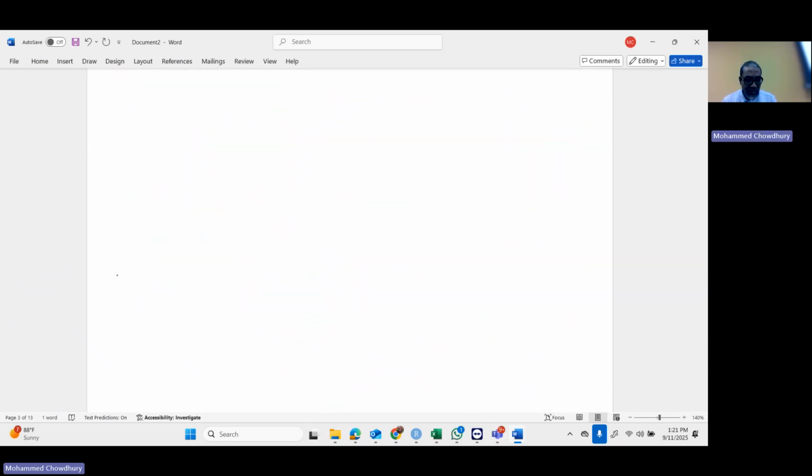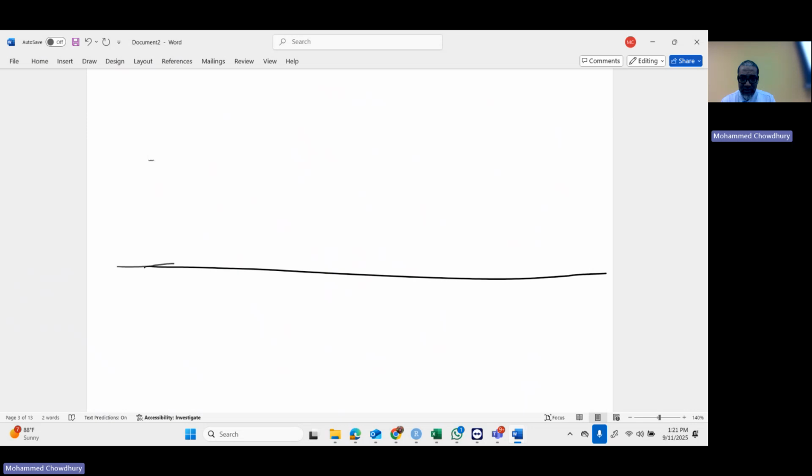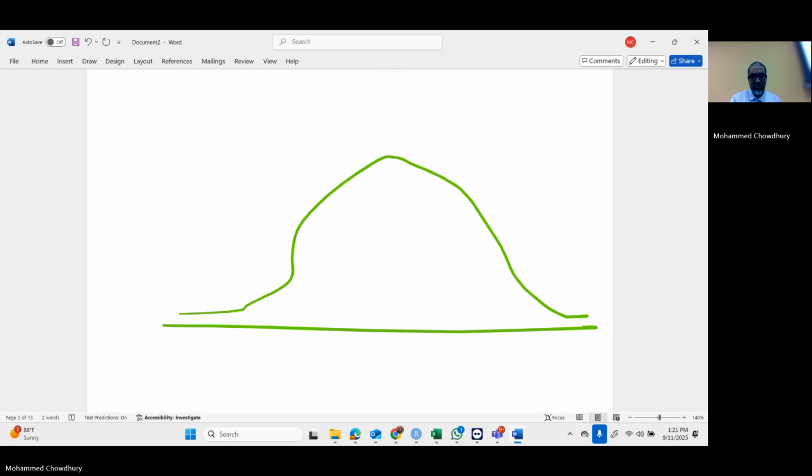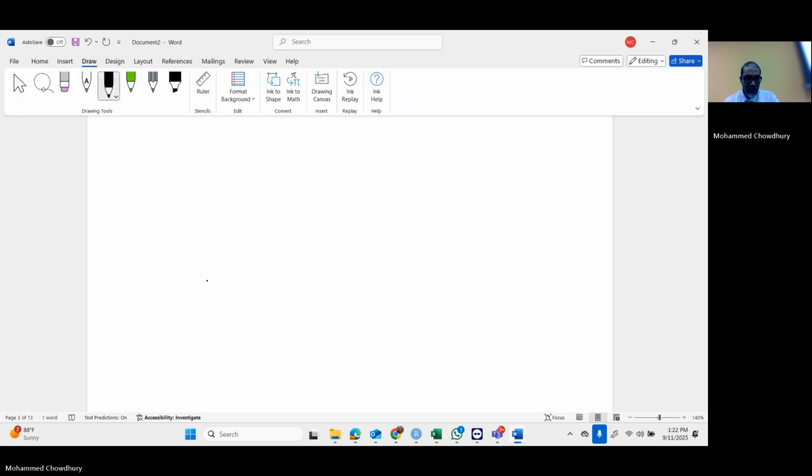The drawing does not look good. What happened? Why you are disappearing? What error I did? I think it's just writing the line. Okay, so let me see.